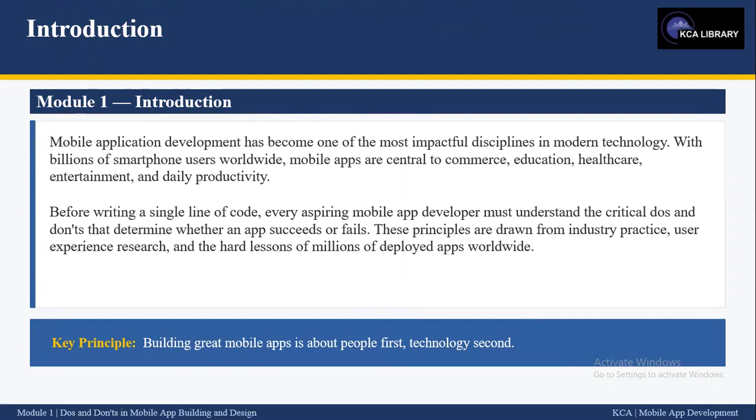Before beginning development, it is essential to understand the guiding principles that determine application success or failure. These principles are grounded in industry experience and user research. The key idea to note is that successful mobile applications prioritize people first and technology second.